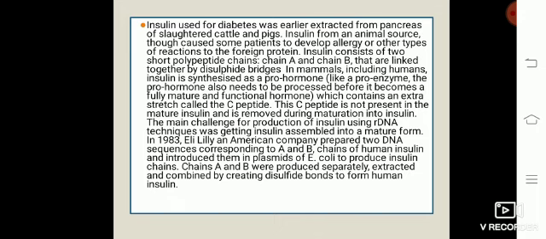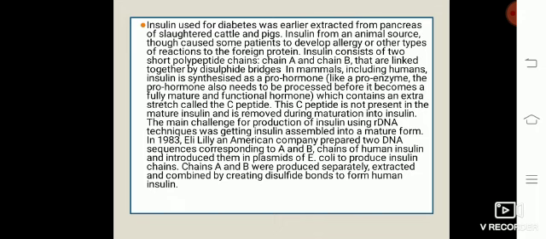In 1983, an American company, Eli Lilly, first prepared two DNA sequences corresponding to the A and B chains of human insulin and introduced them into plasmids of E. coli.